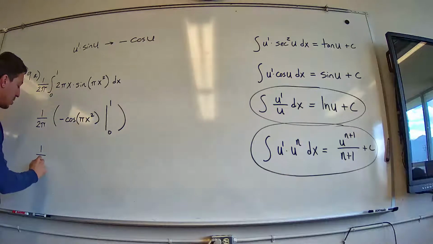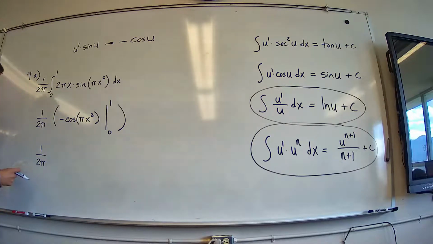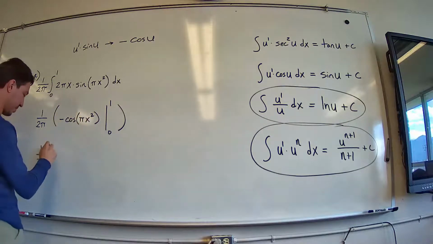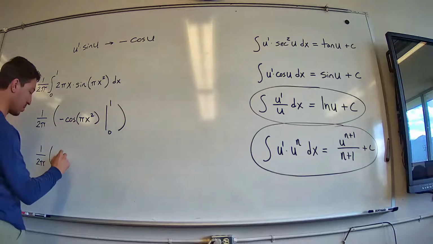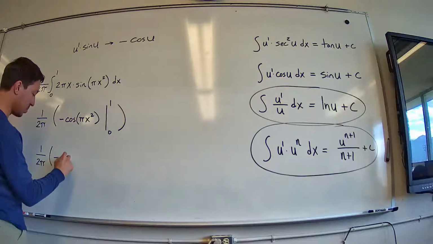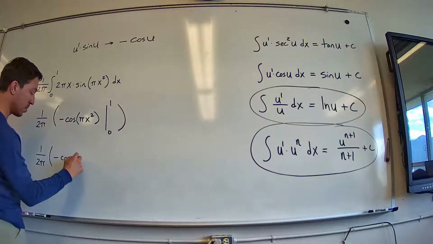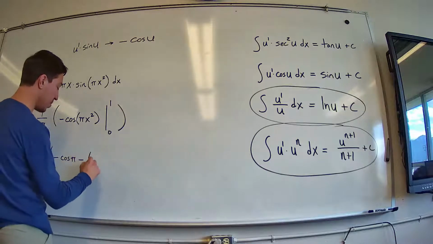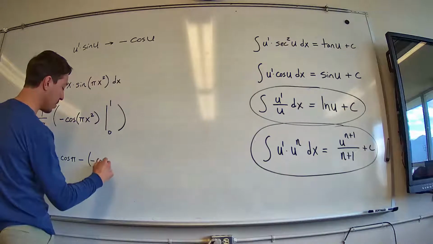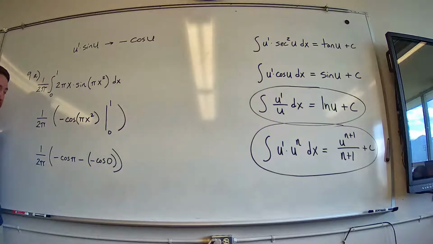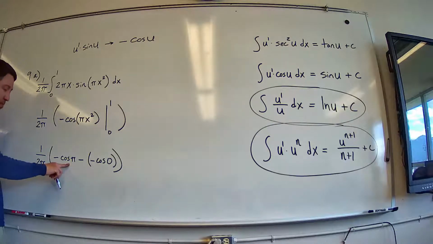Then you plug in the 1. Be really careful. Plug in the 0. Does that make sense? So what's the cosine of pi?